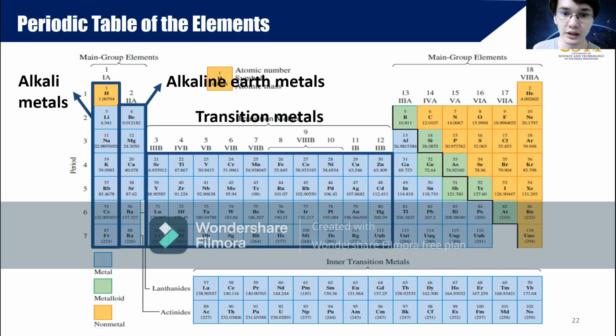For example, rhodium, palladium, nickel, vanadium. That is why they are used in vehicles to convert carbon monoxide into carbon dioxide, so it is less harmful to our environment.